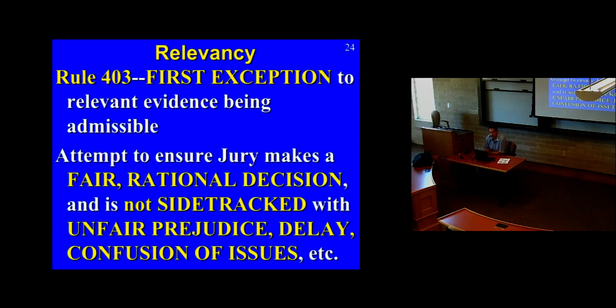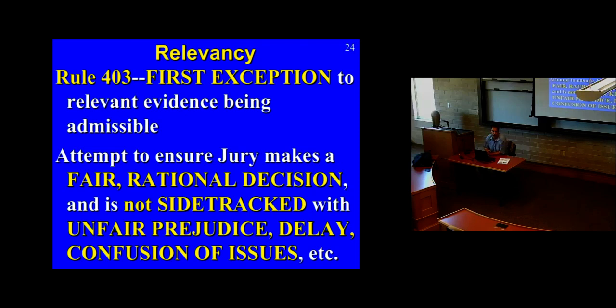It is an attempt to ensure that the jury or the fact finder, but usually it's the jury because the judge knows how to make a distinction between danger of unfair prejudice and probative value. But the idea is that the judge makes sure that the jury only hears evidence that allows it to make a fair and rational decision.